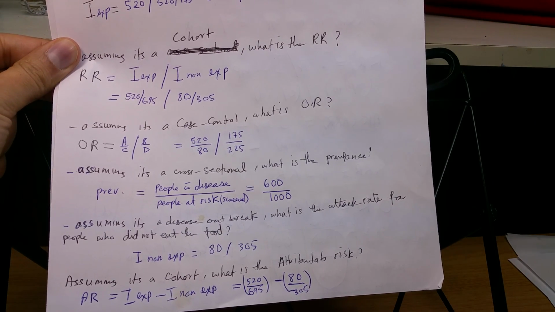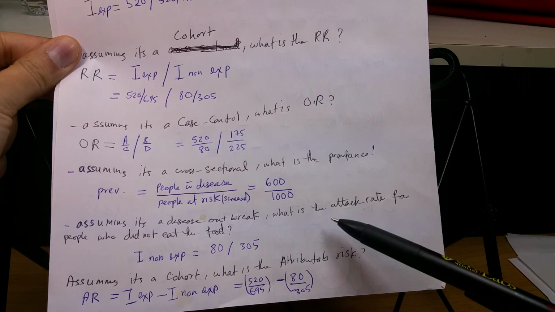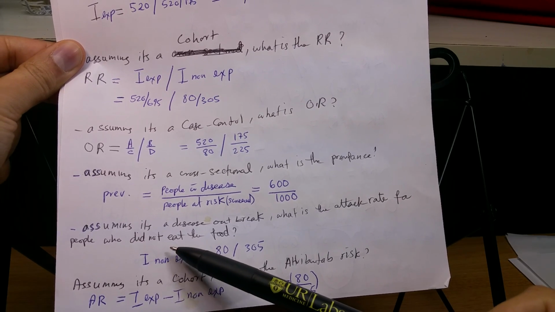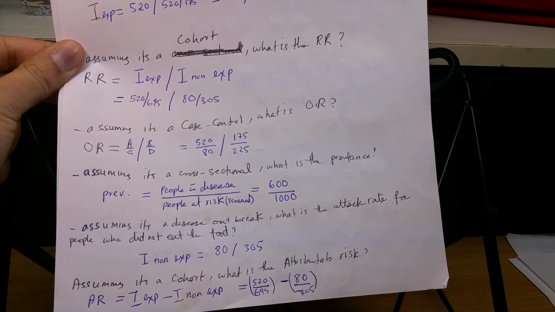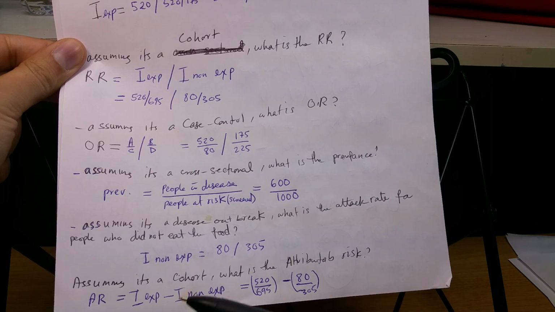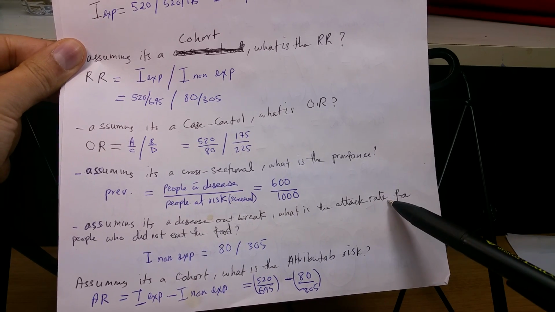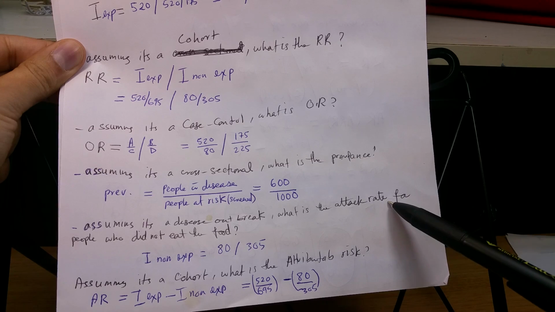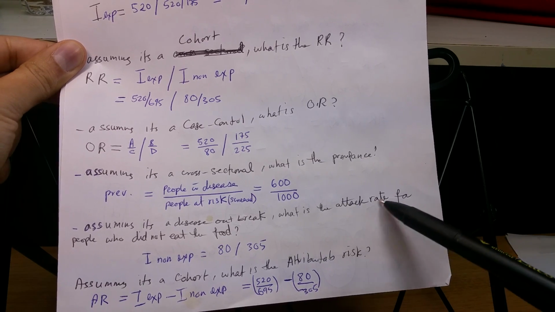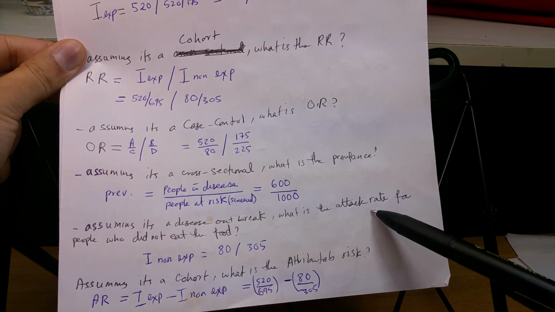Assuming it's a disease outbreak, what's the attack rate for the people who did not eat the food? So the attack rate, they're asking us about the incidence of new cases who developed the outbreak.